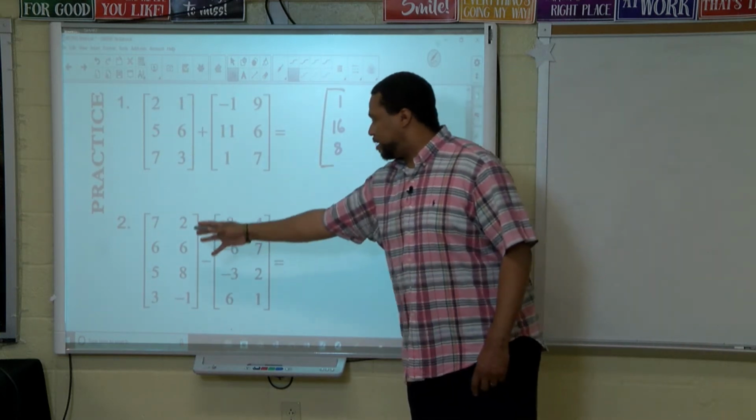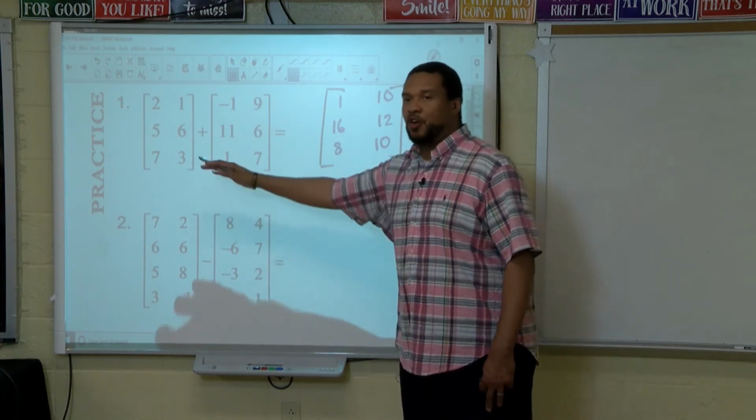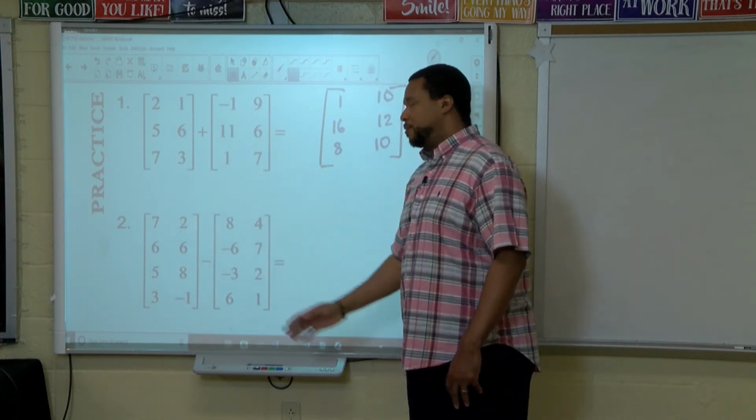All right, to subtract, this is a 4 by 2, 4 rows, 2 columns.